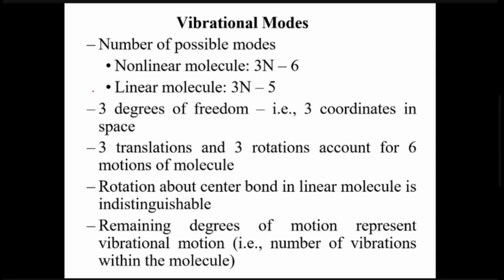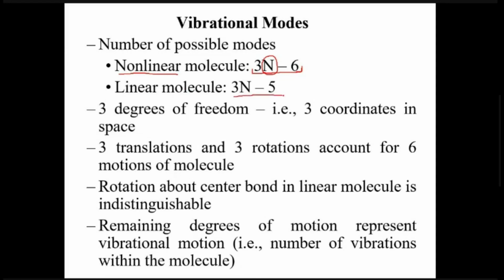So a non-linear molecule can perform vibrations, the repetitive harmonic motion, in 3n minus 6 ways, where n is the number of participating atoms in the molecule. For a linear molecule, it is 3n minus 5.